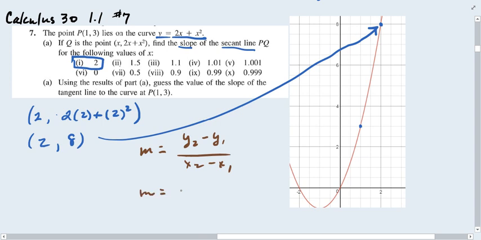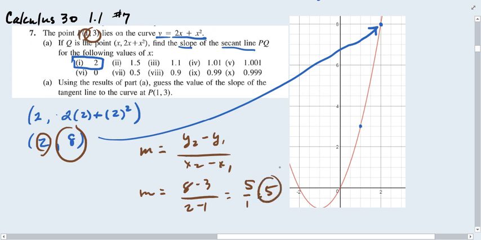So the slope between those 2 points becomes 8 minus 3, because those are the two y values, divided by 2 minus 1. So this is 5 over 1, or a slope of 5. Does that make sense? Okay, slope, fine. Now we move to the next one.